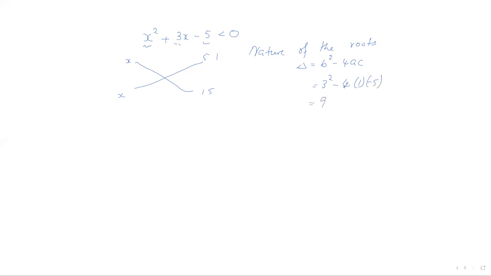This is 9. Negative and negative is positive, plus a 20. That gives us 29. I hope you can see that this is not a perfect square, like 9, 16, 25, 100. These are perfect squares. So the roots are irrational.